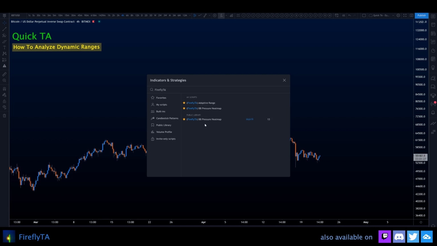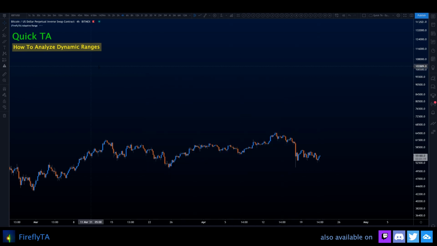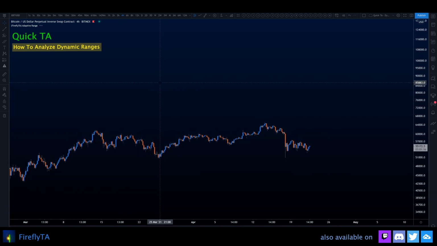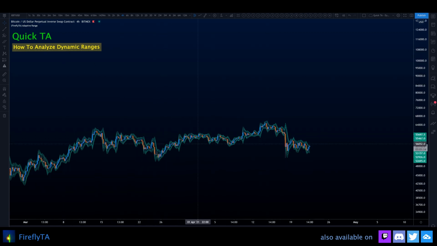It is not yet in the public library. It's currently being uploaded, but you will find it there, and you can then activate it, and it will show you. It looks a little bit messy right now because we are on the wrong time frame, but it will show you dynamic ranges, and it consists of 3 different modules I'm going to explain to you right now.